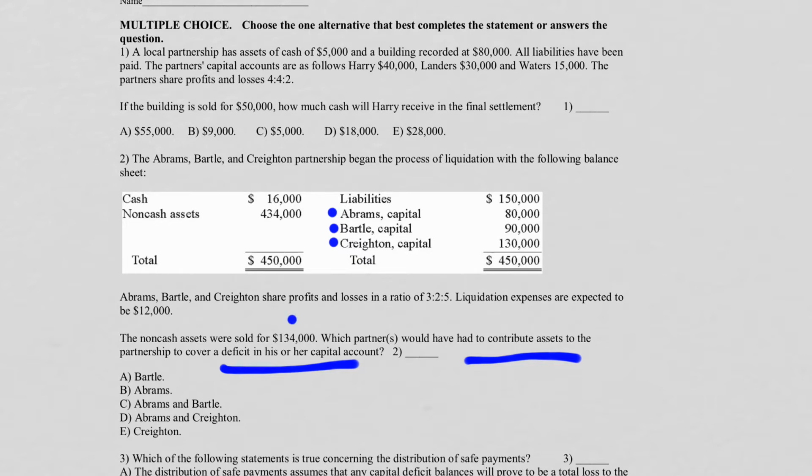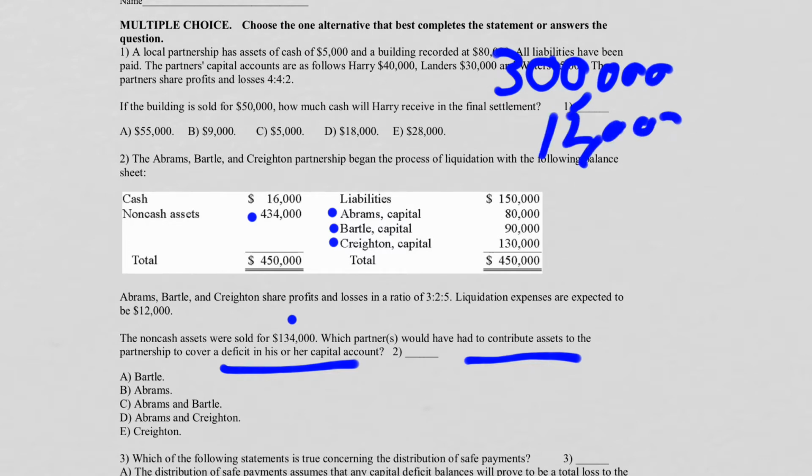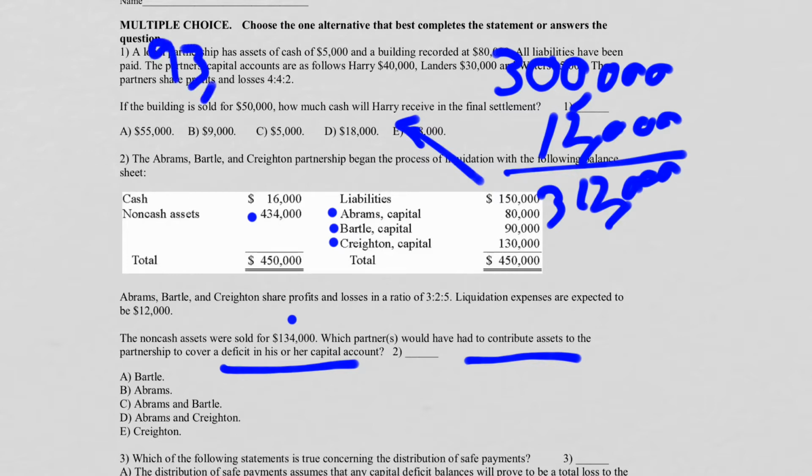The assets are sold for $134. That means a $300,000 loss. We've got $12,000 in liquidation expenses, the problem tells us, so we've got a total of $312 to allocate. And their ratio is given at 3, 2, and 5. 30% of that 312 is 93,600.